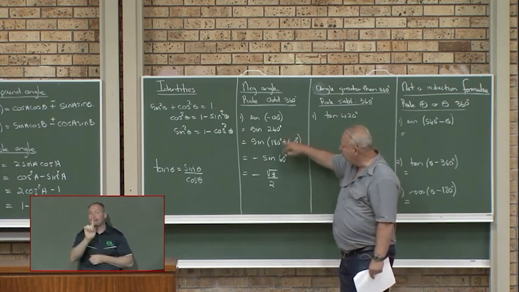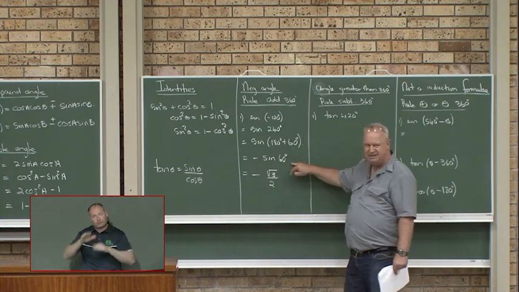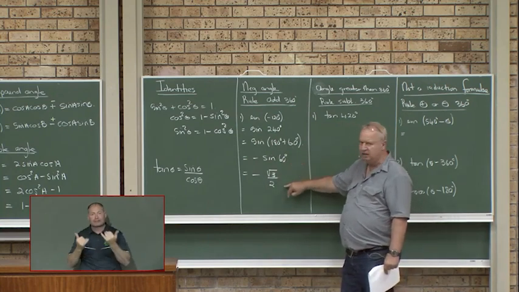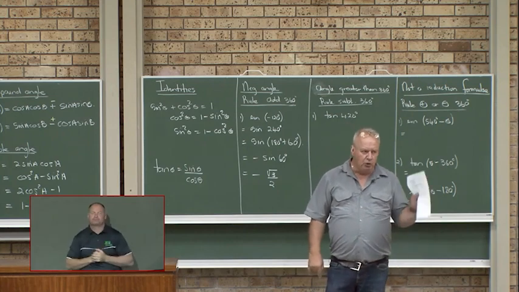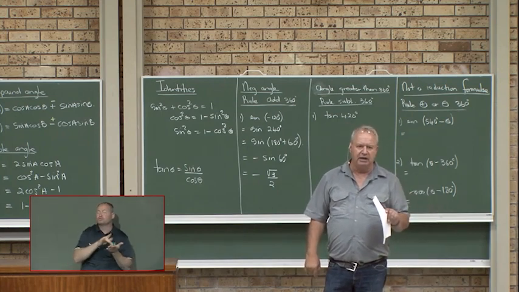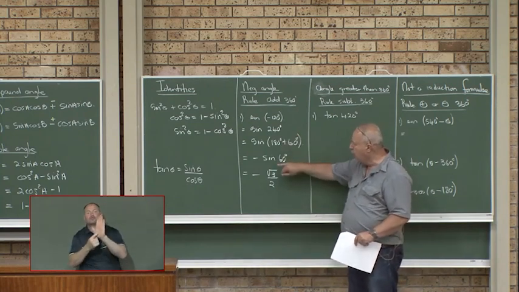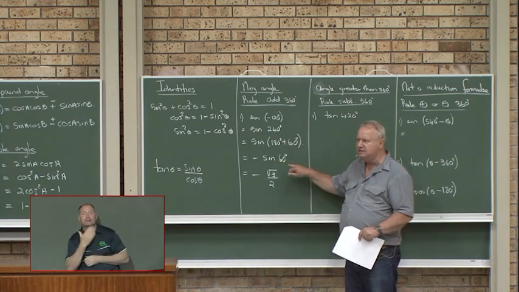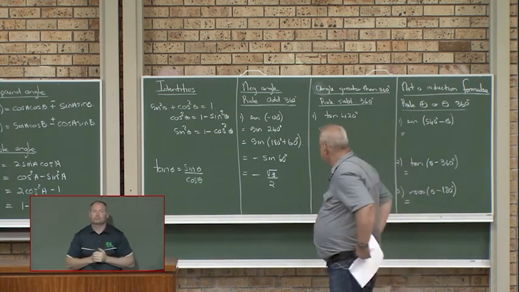But if you show the acute angle, if you go from sine of 240 to negative sine 60, and then use a calculator, you get full marks. Is that clear? So you're allowed to use your calculator, even if they say do not use a calculator, provided you always express your angle as an acute angle. Is that clear? Right, next.